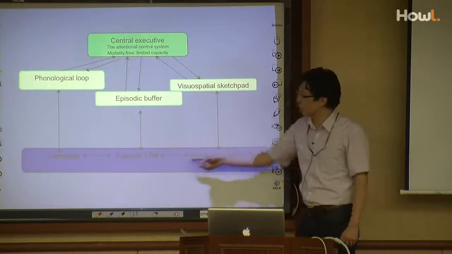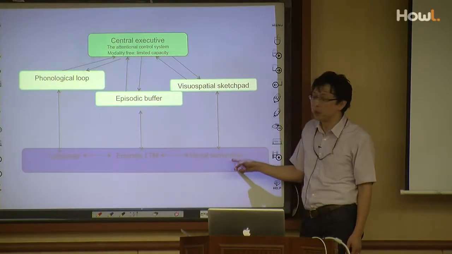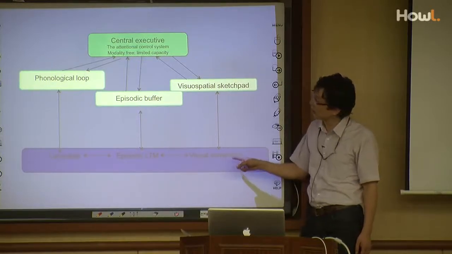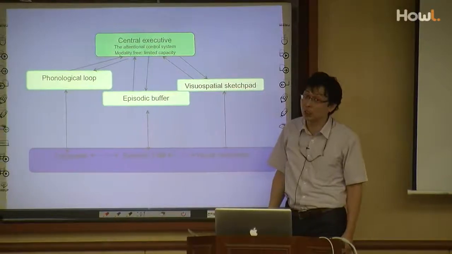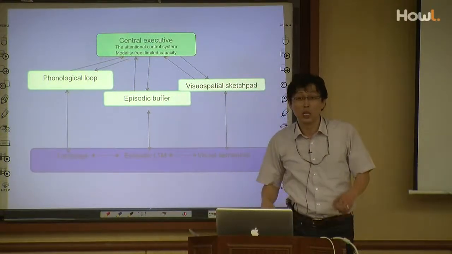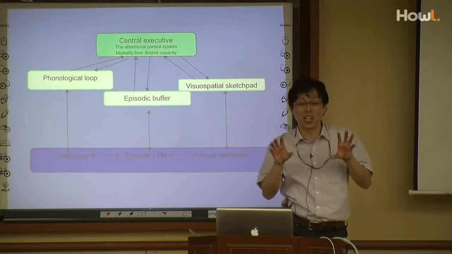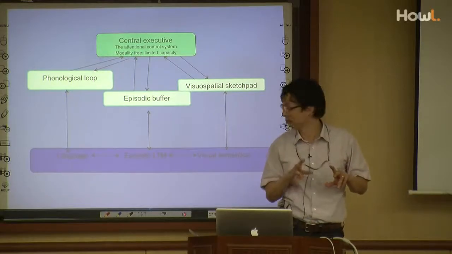This one is long-term memory. The visual sketchpad has access to visual semantics, and the phonological loop handles all the language in long-term memory, and the episodic buffer is episodic long-term memory. So he recently separated episodic knowledge, which is getting more difficult.